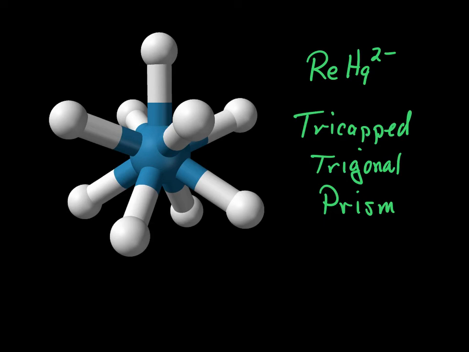If you look at that atom, and that atom, they create a trigonal planar structure. Then if you take that atom, and that atom, that's a second trigonal planar structure. And then that atom, and that atom, that's a third trigonal planar structure.